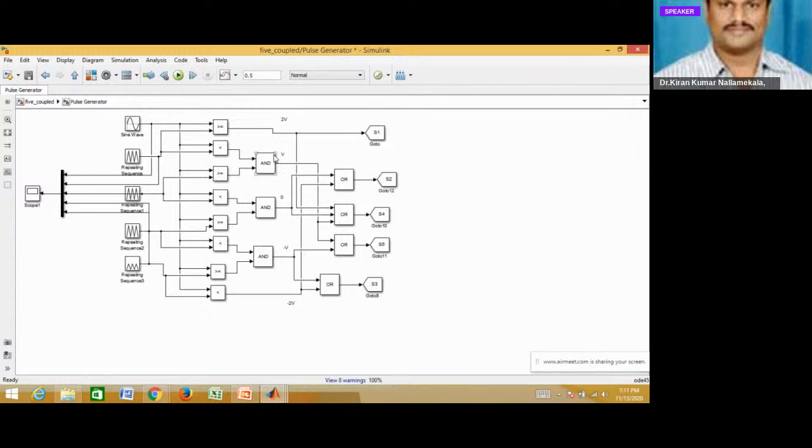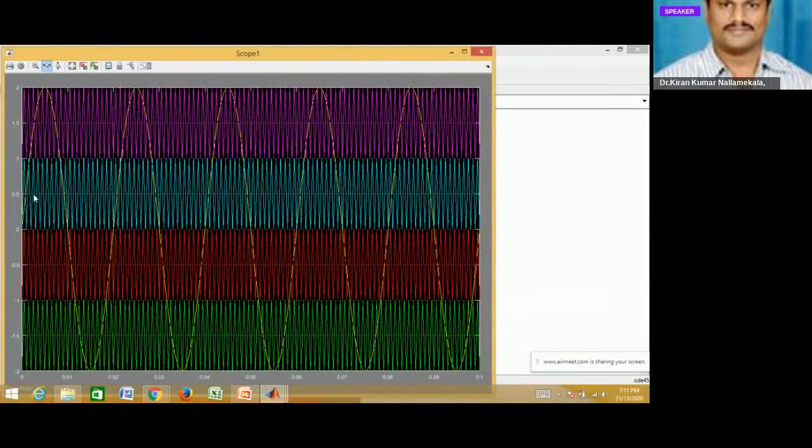So after giving the gating signal, we can run the simulation. Take only up to 0.1 and run the simulation. After completion of the simulation, first look at the gating signal, whether you have generated it properly or not.